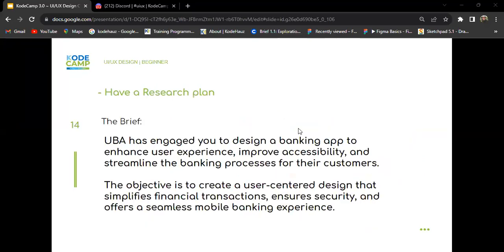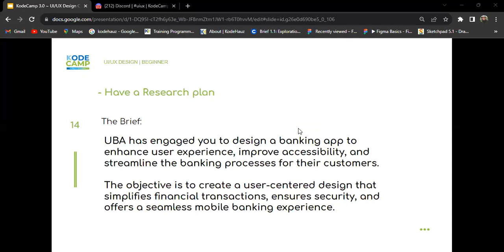Now, the first one was what? Have a research plan. Now, the first thing you want to do is write out a brief. This example brief I came up with, since we've been using the banking app as a case study since we started this training. So I decided to write a brief based on that. Now, let me read out the brief.